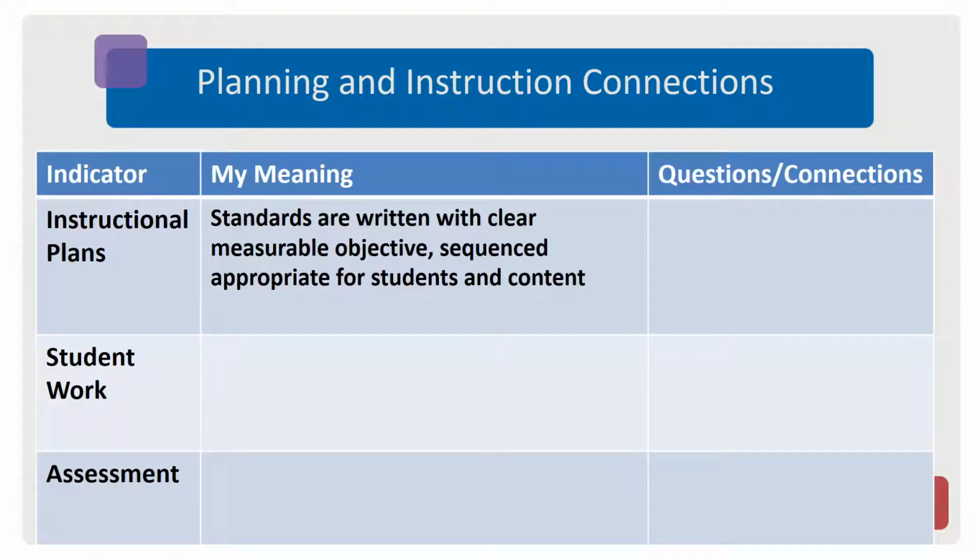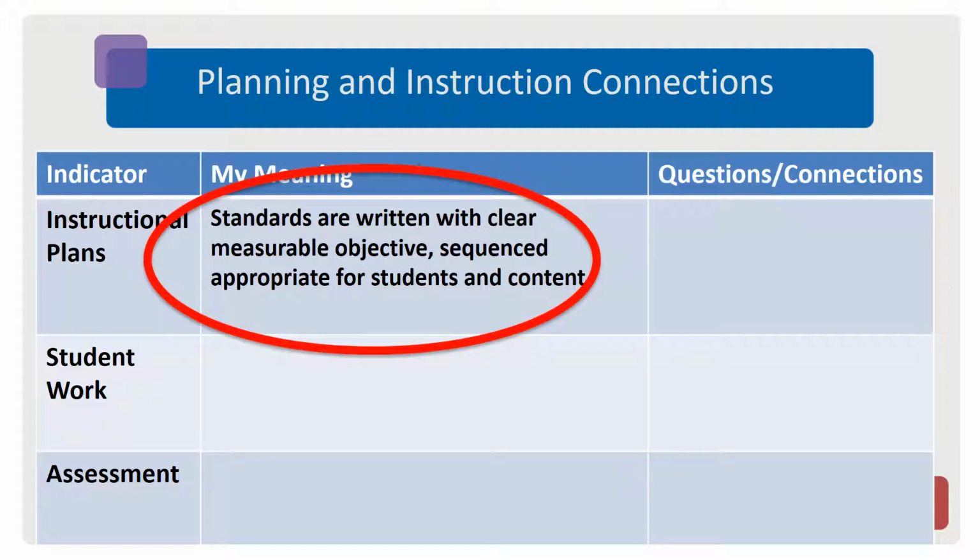Look at the example shown in this slide. After reading the proficient column in the planning domain and connecting with keywords from the instruction domain, we crafted the meaning statement. Standards are written with clear, measurable objectives, sequenced appropriate for students and content.